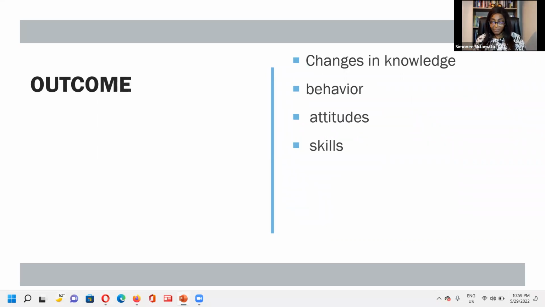Your outcomes. Outcomes speak of results. Are there any changes in knowledge? Are there any changes in behavior? Are there any changes in attitude? Are there any changes in skills? If it is a developmental project, maybe the project is about malnutrition and you have come up with a food security project in your community.